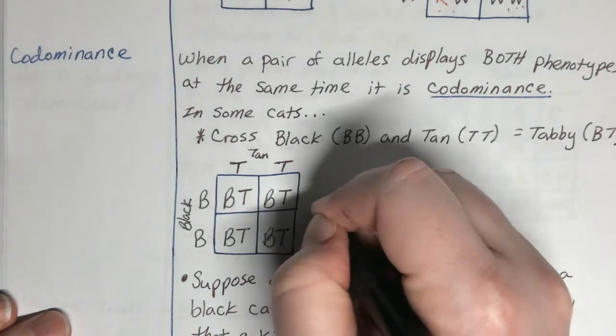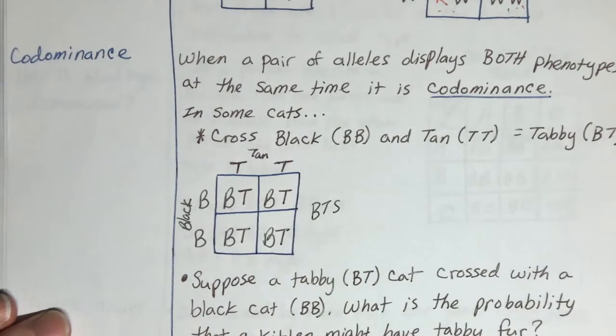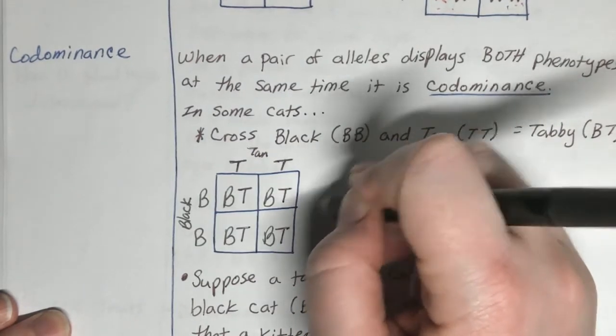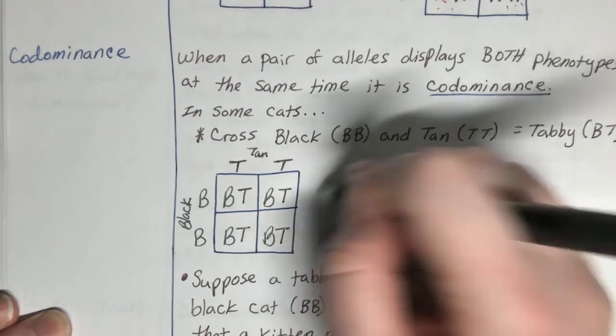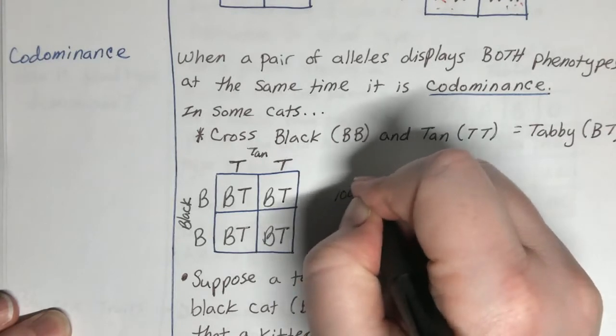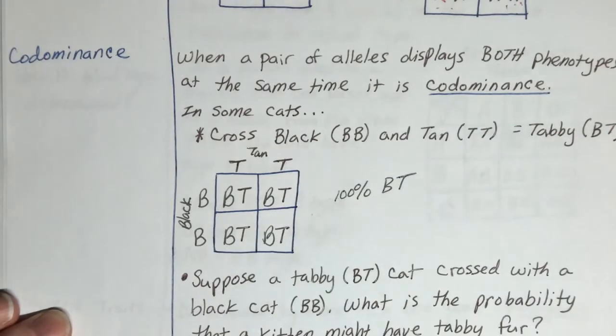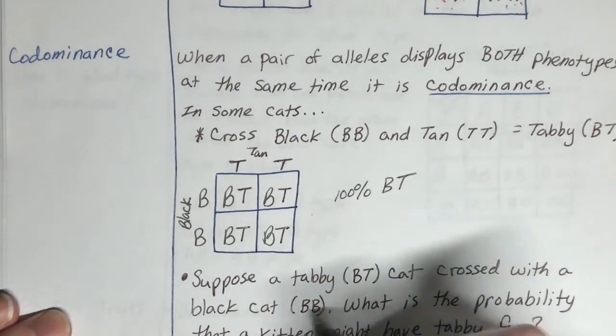Look at all those BTs. Okay, so it is 100% BT. So this cat would be both black and tan at the same time, and that is what the book calls a tabby cat.